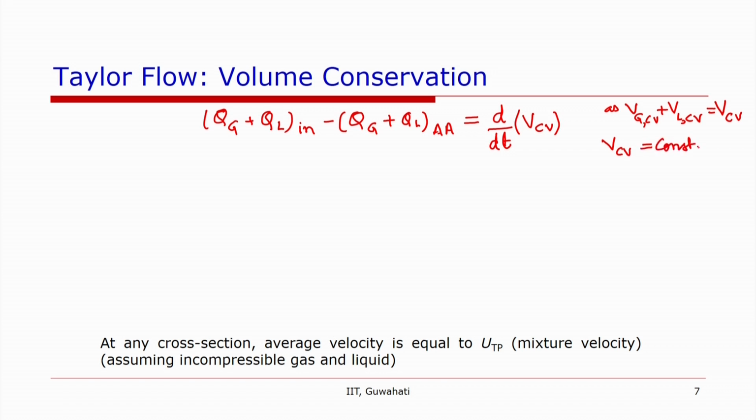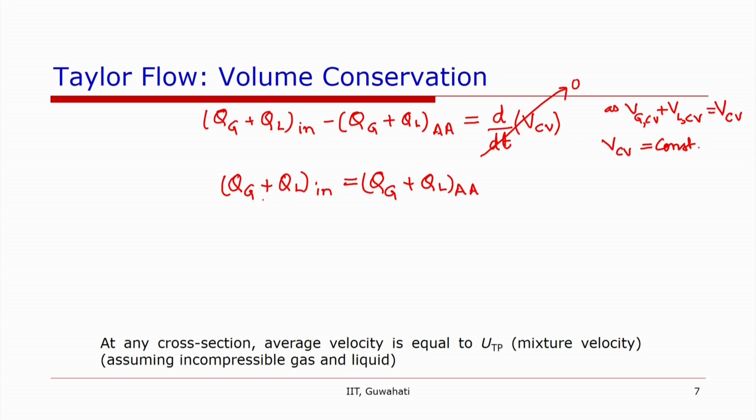It does not vary with time, so this term is 0. That means that QG plus QL at the inlet is equal to QG plus QL at any cross section AA.